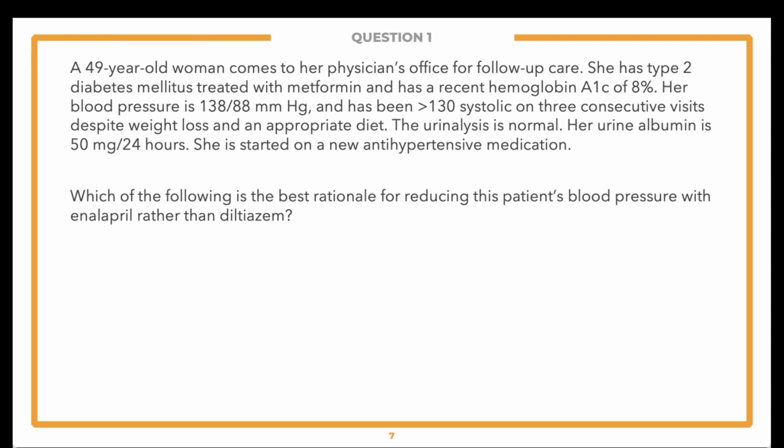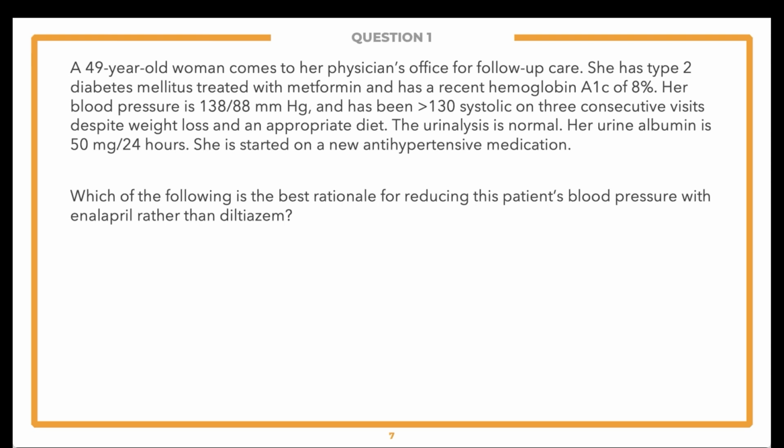So it's kind of like a map for exploring the scenario. Okay, so let's read the lead-in here. Which of the following is the best rationale for reducing this patient's blood pressure with enalapril rather than diltiazem?